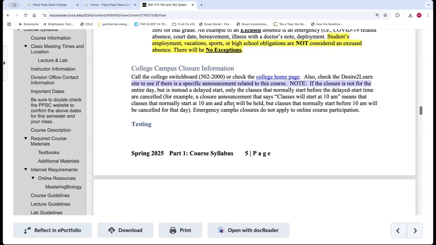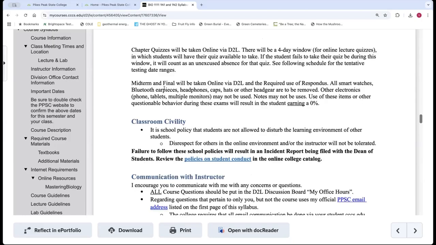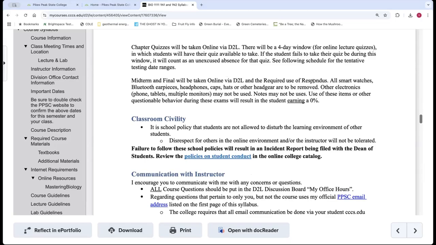Campus closure information. So here's your information for the testing. There is that 4-day window for doing your testing: Sunday, Monday, Tuesday, and Wednesday. That's your 4-day window. These are required to use Respondus. All your smartwatches, Bluetooth, earpieces, headphones, caps, other headgear are to be removed.